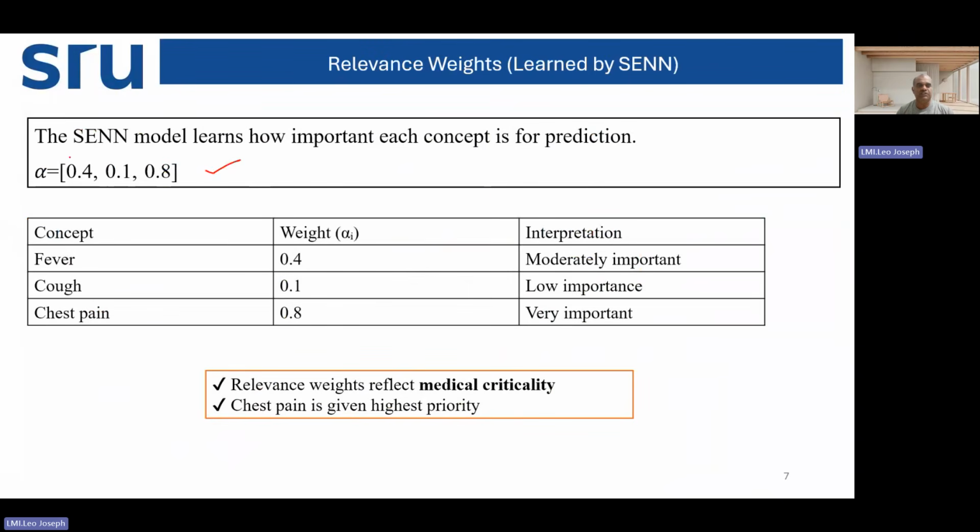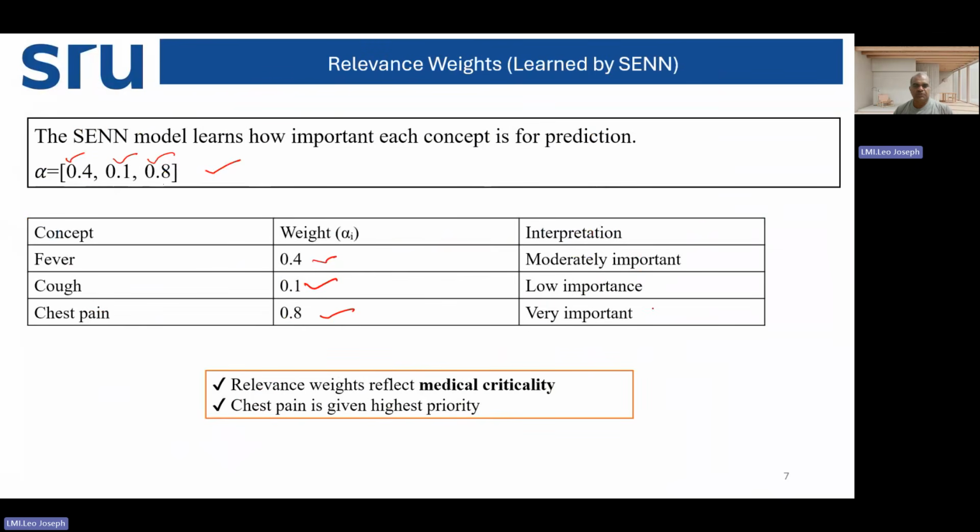For example, it gives alpha as 0.4, this as 0.1, and this as 0.8. So 0.4 is moderately important, 0.1 is very low importance, and chest pain gets 0.8, the maximum. Like that, the model is trained.